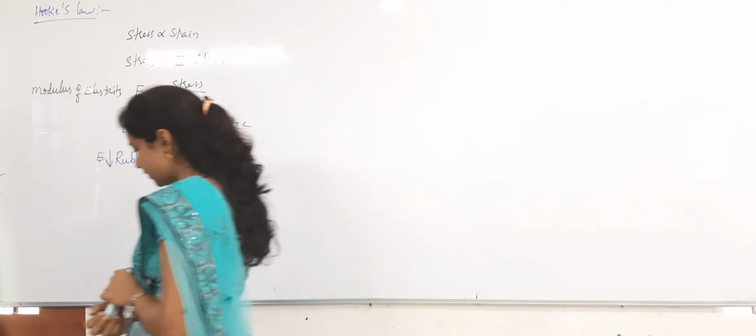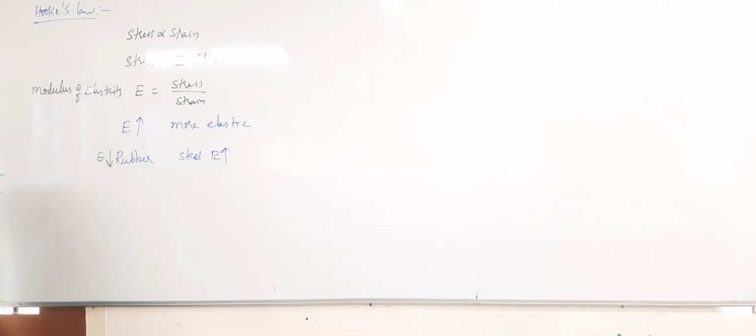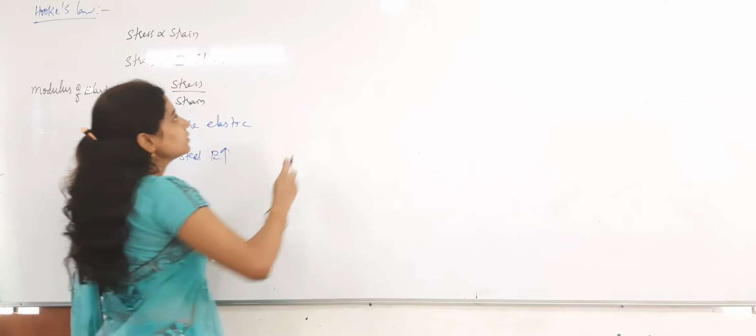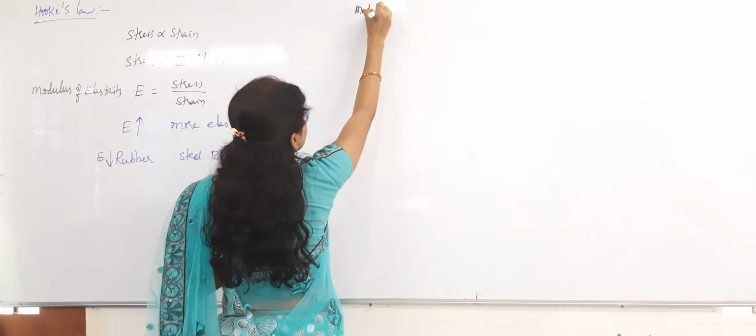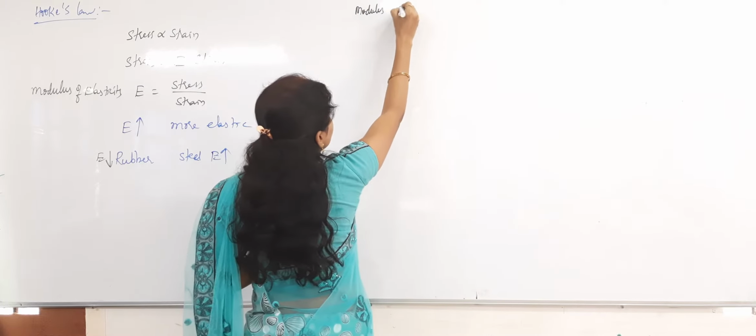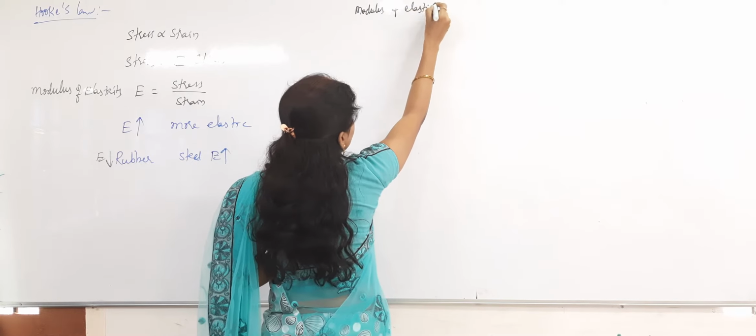That point is important. Steel is more elastic than rubber because the modulus of elasticity of steel is more as compared to rubber.